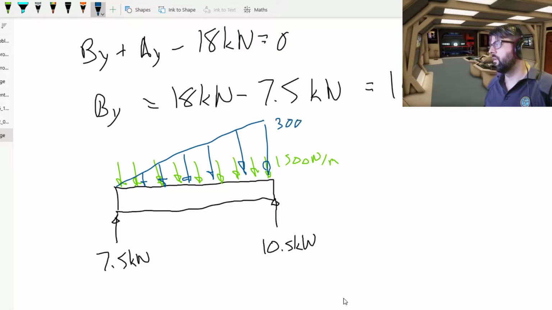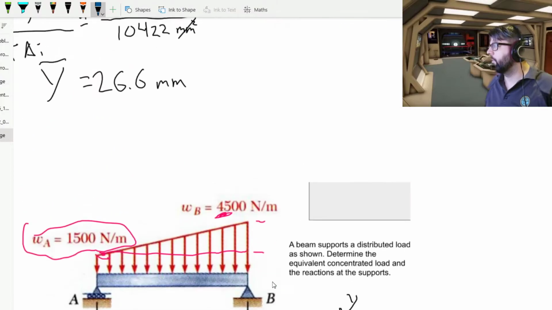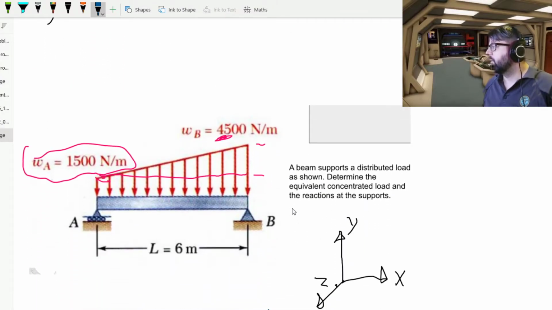And yeah, so that's basically it for our free body diagram. We've solved our support reactions. And that's it for the question.